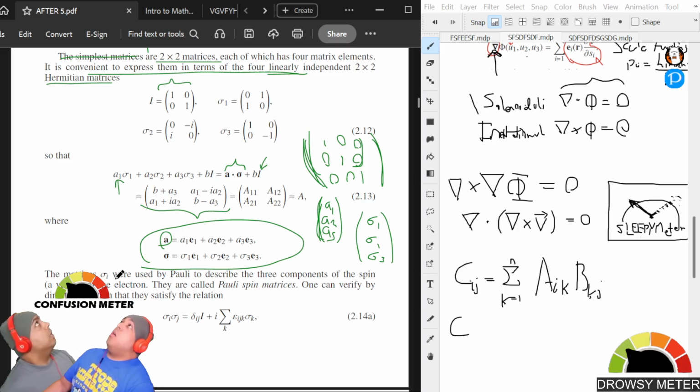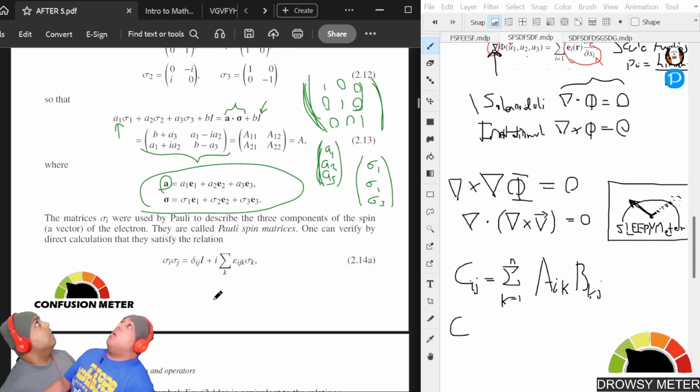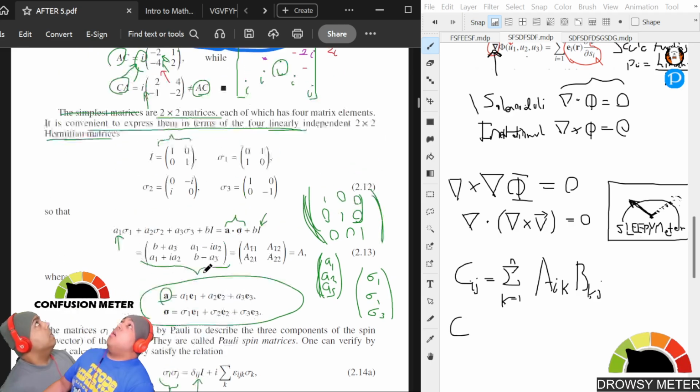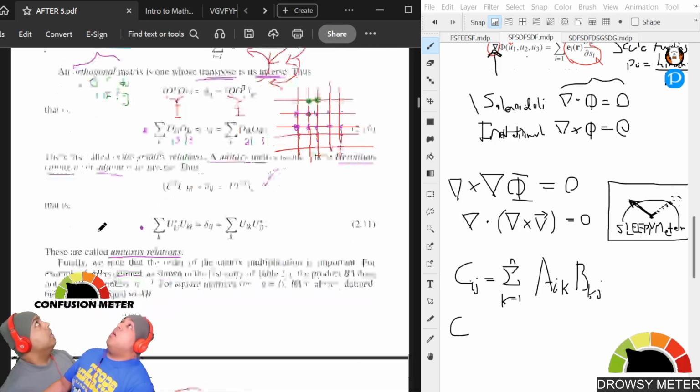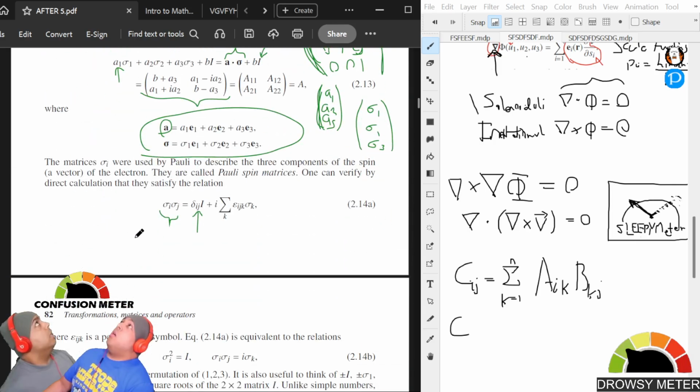They are called Pauli spin matrices. One can verify by direct calculation that they satisfy the relation: multiply two that are not the same, and it'll disappear. I equal j means it survives.